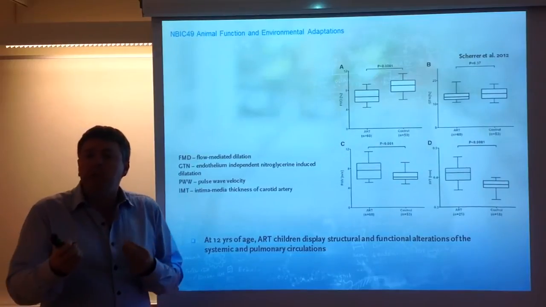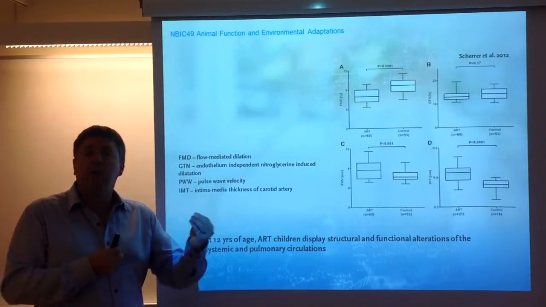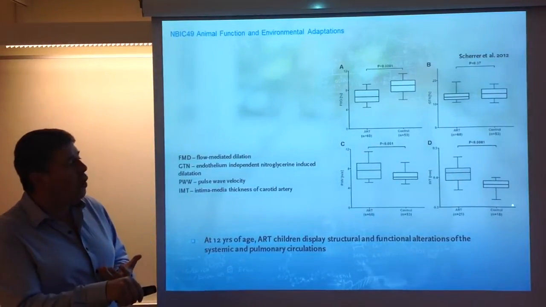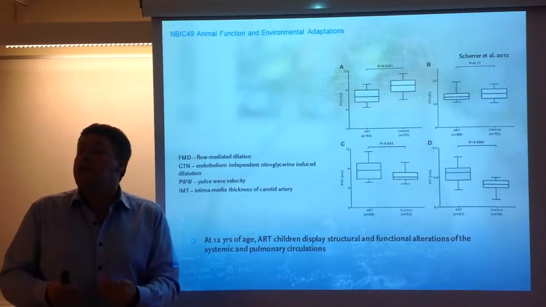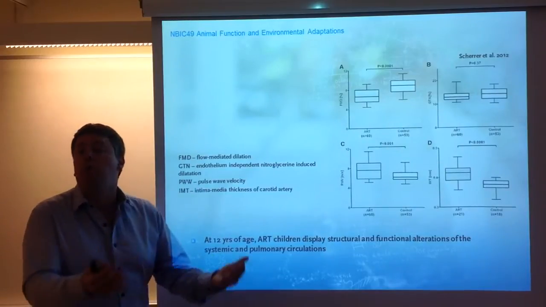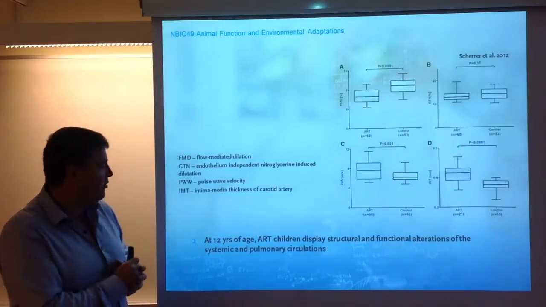So there seem to be some vascular reactivity differences between control children and children from ART procedures. We don't know yet if this can have long-term consequences, but there is a difference.